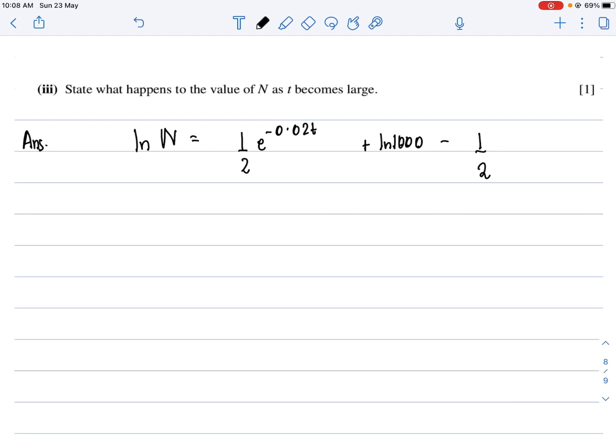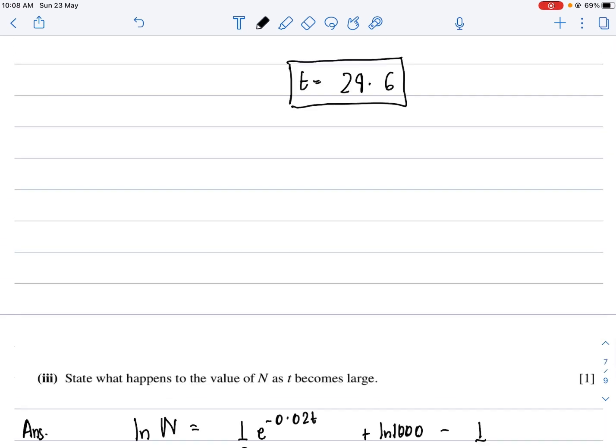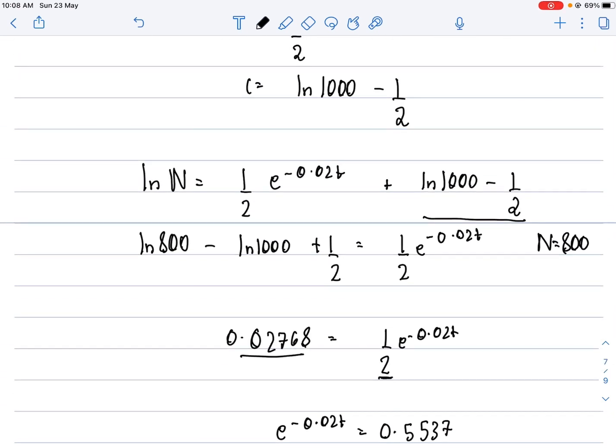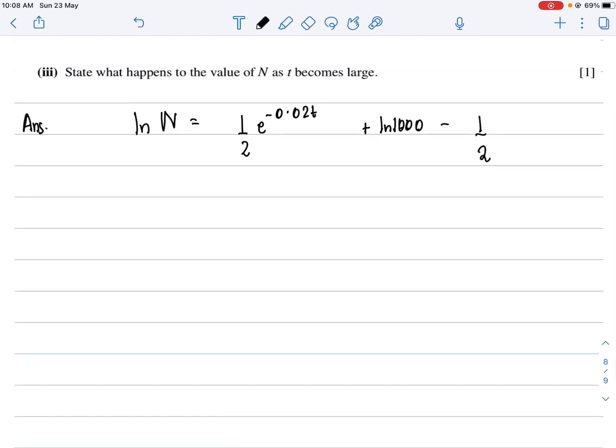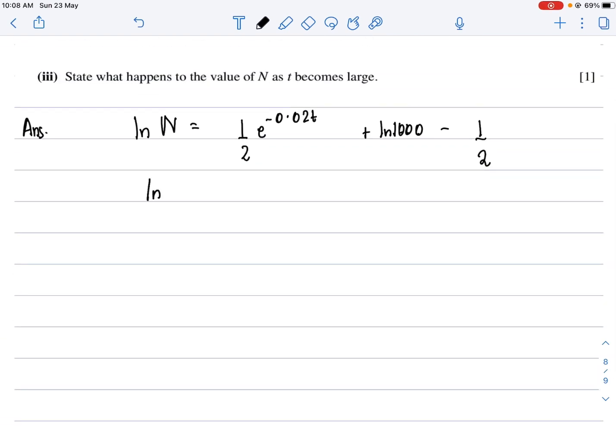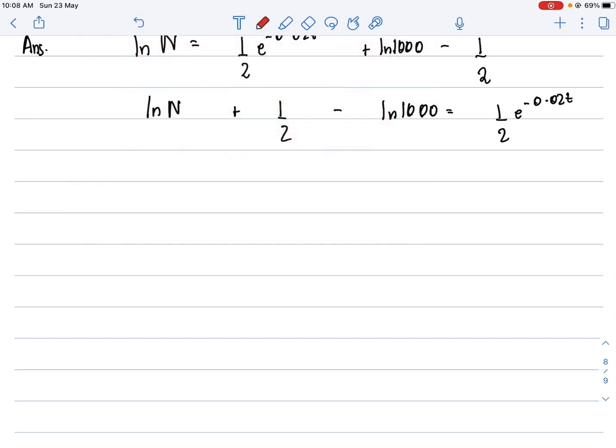We need to state what happens to the value of N as t becomes large. But for that, we need to rearrange this equation a little bit. We got this equation from part 2. I can write this as ln N plus half minus ln 1000 is equal to half e raised to minus 0.02t. Now I need a log property that states that b log a can be written as log a raised to b and vice versa.